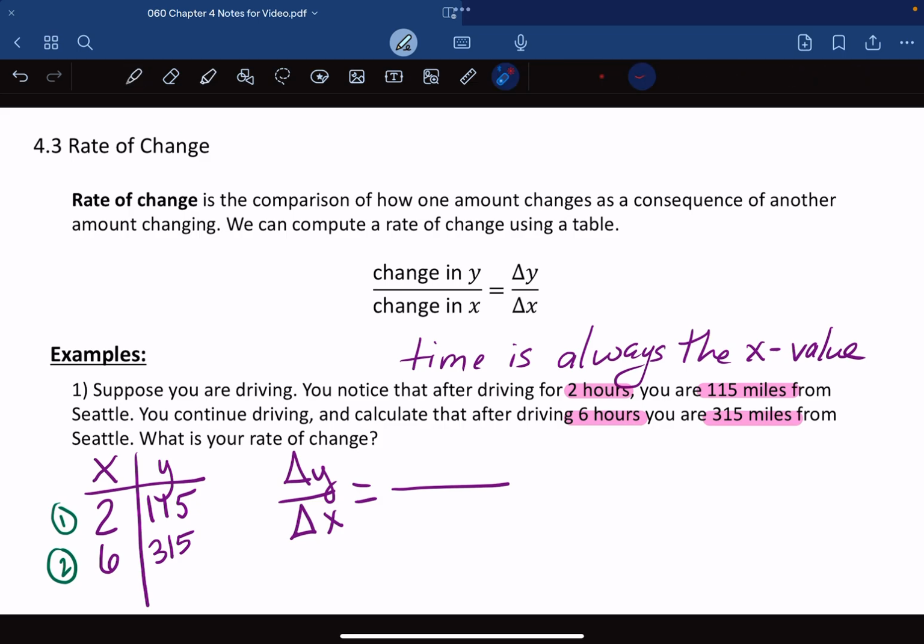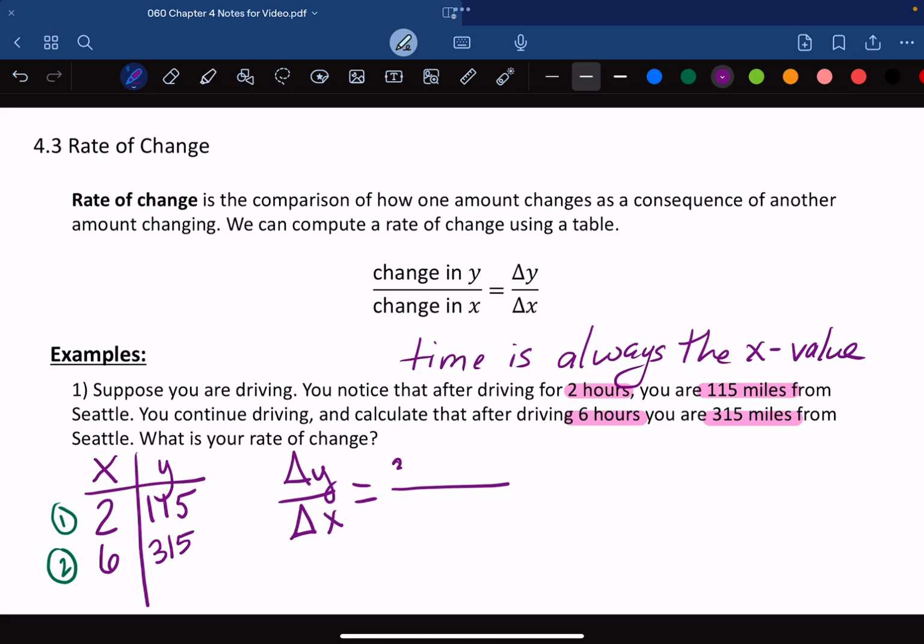And how you subtract them is up to you. Just keep in mind, if we are going to take the bigger number here first, then this number needs to be first in our subtraction for the x value. So I'm going to stick with the bigger number that I'm going to subtract.